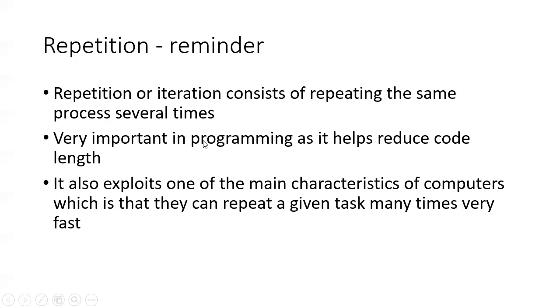So repetition: we can take a bunch of code and do it over and over again. That is the key strength of computing from our point of view. The computer is not smarter than people, but it's faster, because it has a clock speed of billions of cycles per second.